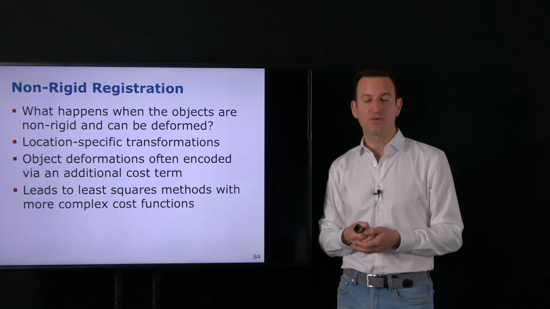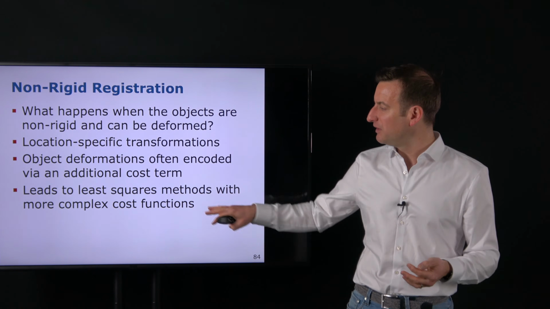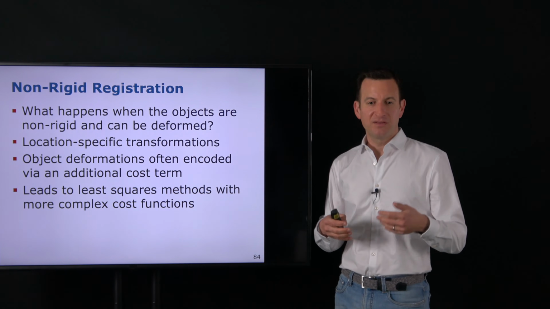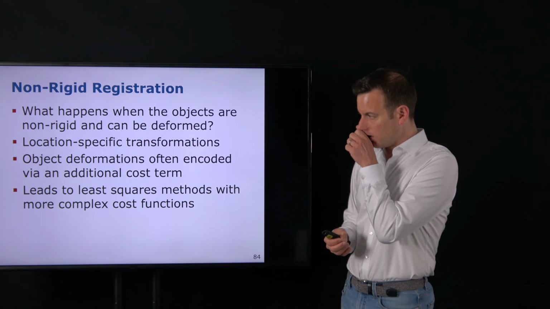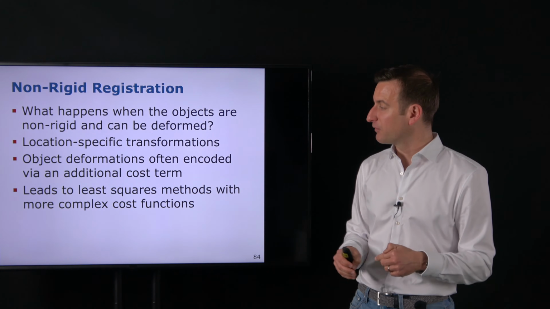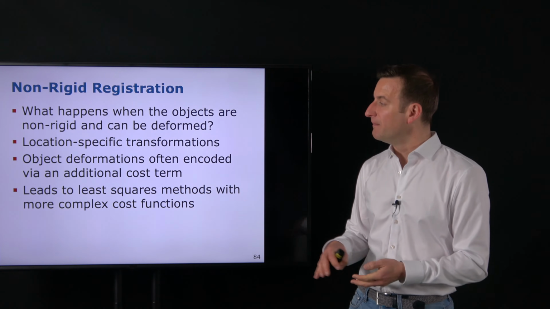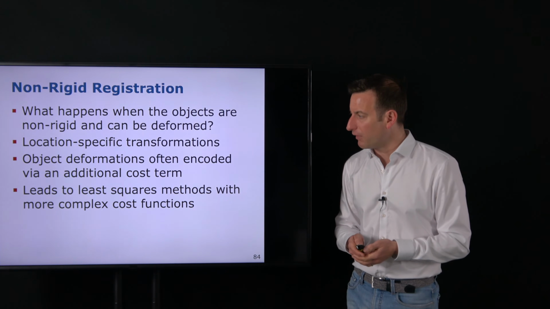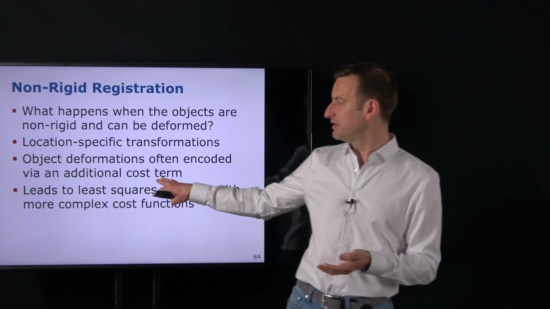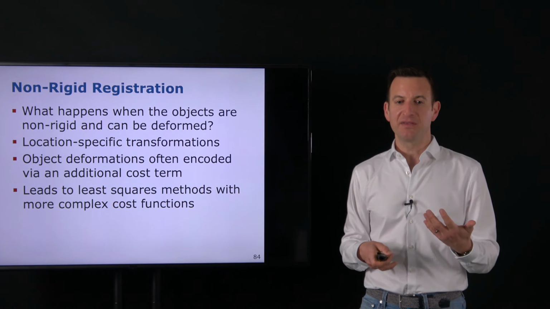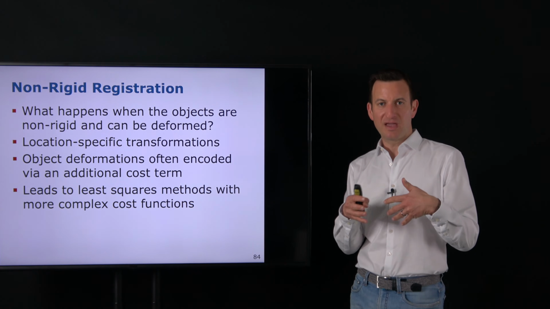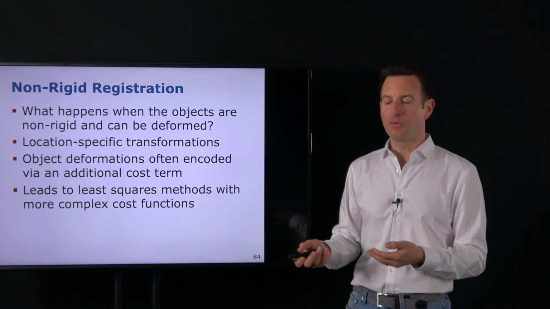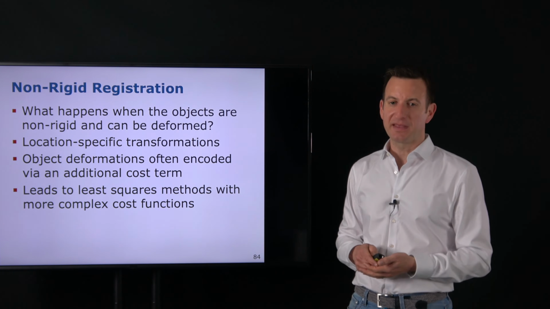You typically have more complex cost functions to take into account, and sometimes even least squares methods may not be the best choice. There are other approaches taking deformations differently into account, using finite element methods, for example. That's something we're not going to cover here, but with the least squares approaches, you can actually go pretty far. And what typically happens is that you have additional cost terms in your optimization problem, for example, taking into account that you don't want to change the topology of your scene, at least not substantially, only to allow for small changes and different things like this.